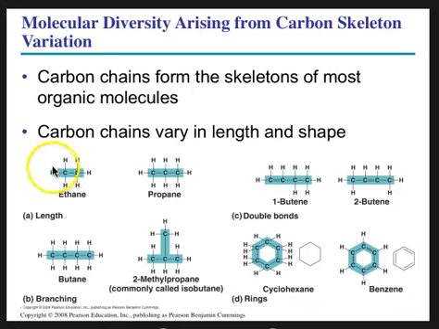So we can get anything from a chain of carbons bound together with single bonds. They can be relatively short like ethane or propane, or they can be significantly longer, hundreds to thousands of carbons chained together. These have a lot of mobility around the single bonds, but we can have the carbon chains be more rigid with double bonds in them.